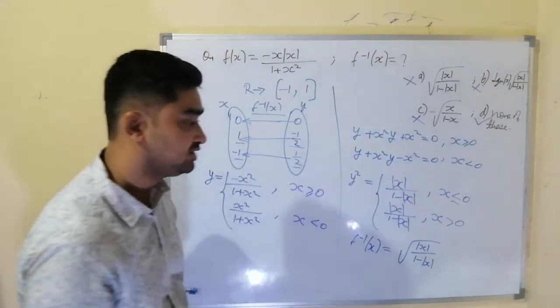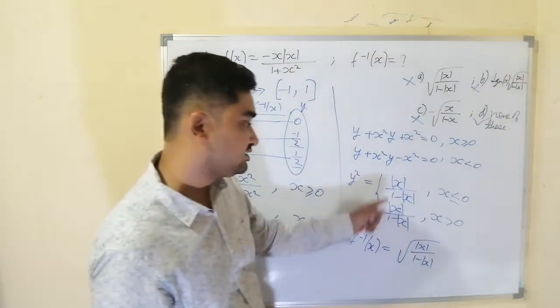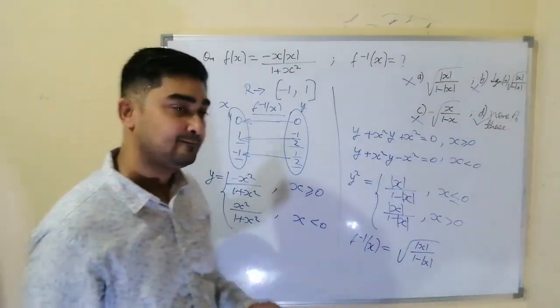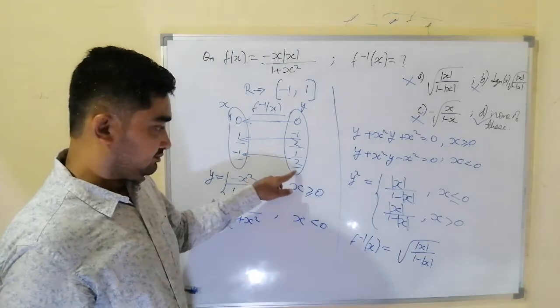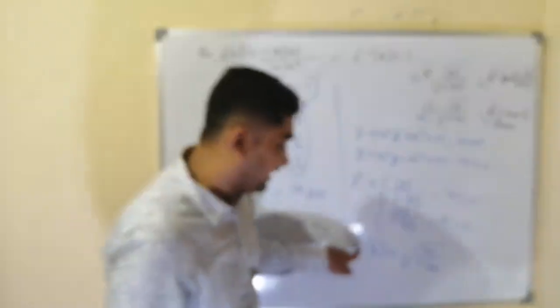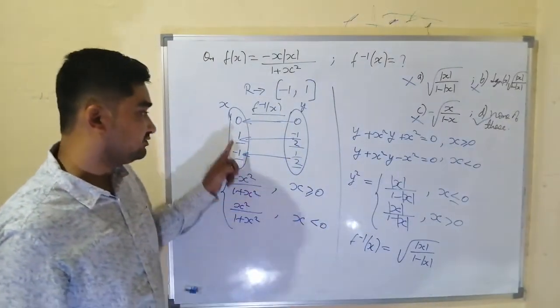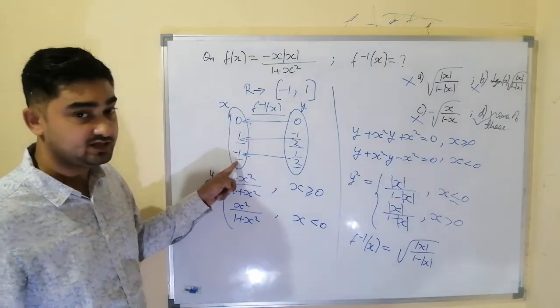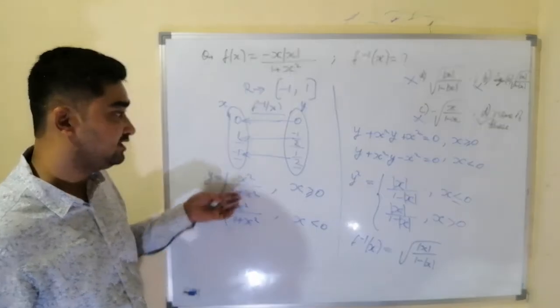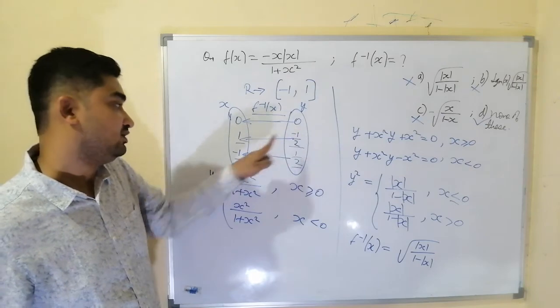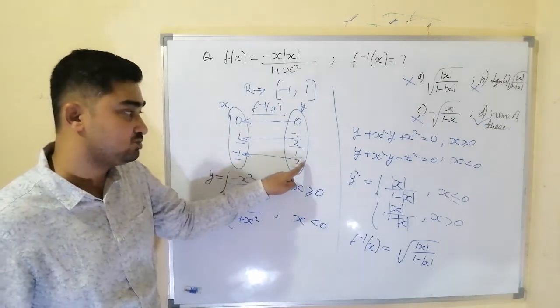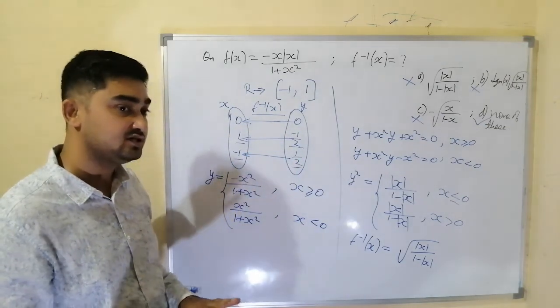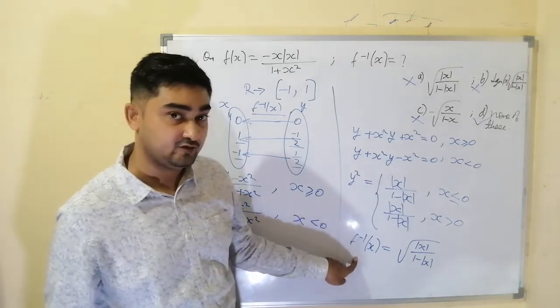Whatever is x, may be positive, may be negative. In both the cases, it is under root of this. But again, same thing. F inverse x is not always positive. Sometimes it is positive, sometimes it is negative. When it is positive, whenever input is negative. When it is negative, whenever input is positive. So sign of x is opposite to sign of f inverse x.